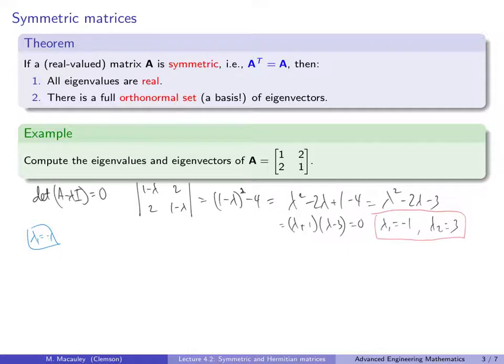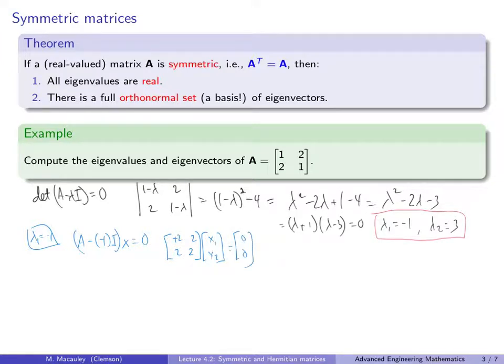Let me write that out, just to remind you. A minus negative 1 I, times x equals 0. So this is A minus negative 1 I, so this is 2, 2, 2, 2, times x1, x2 equals 0, 0.